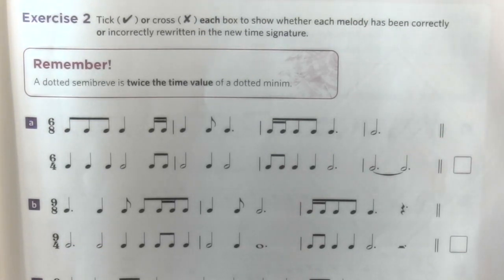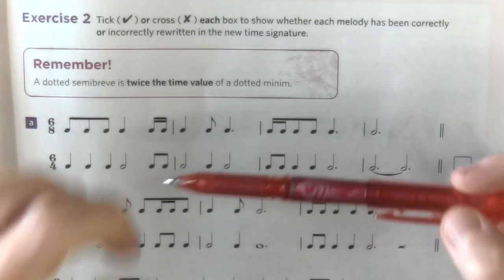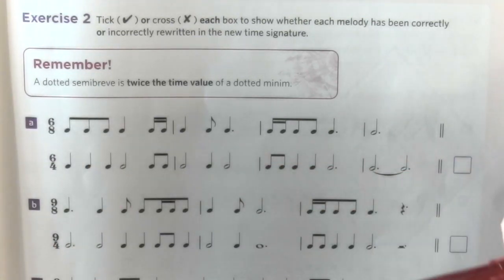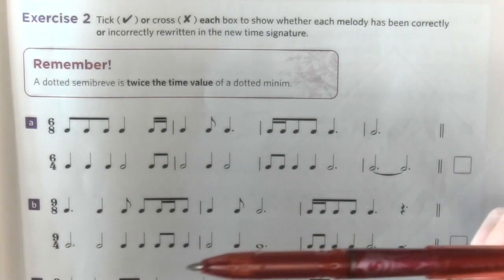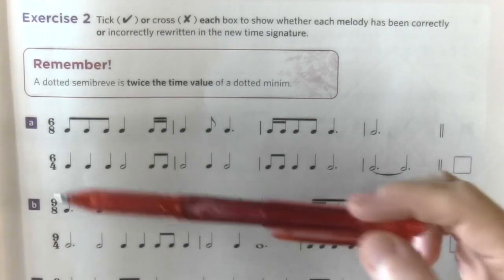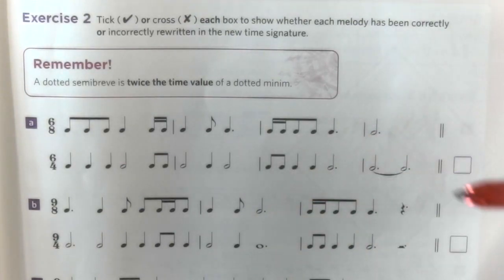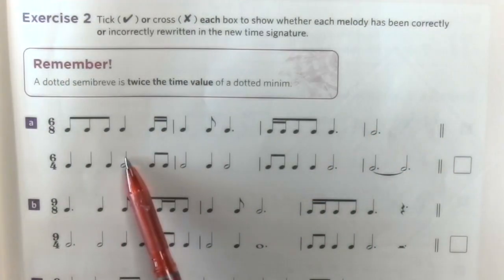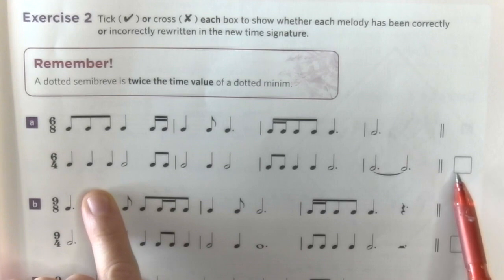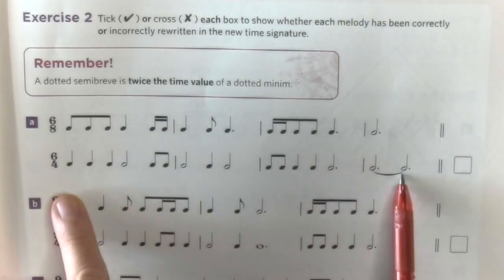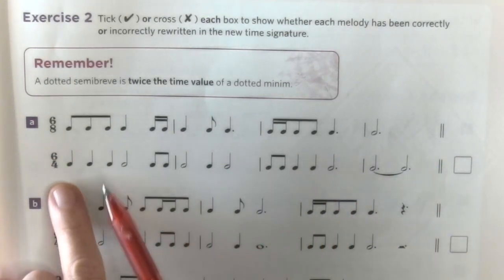In compound time, we have 3 subdivisions. In simple times, we have 1 and 2 subdivisions. Okay? The change is very little in this case. It's just about the values, but the counting is the same. So, same as before, we need to tick or cross whether the rewriting has been done correctly or not.